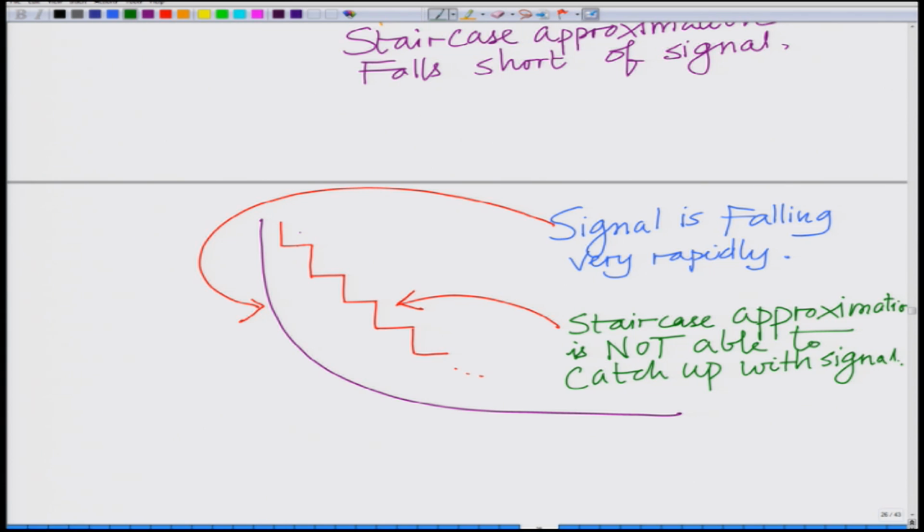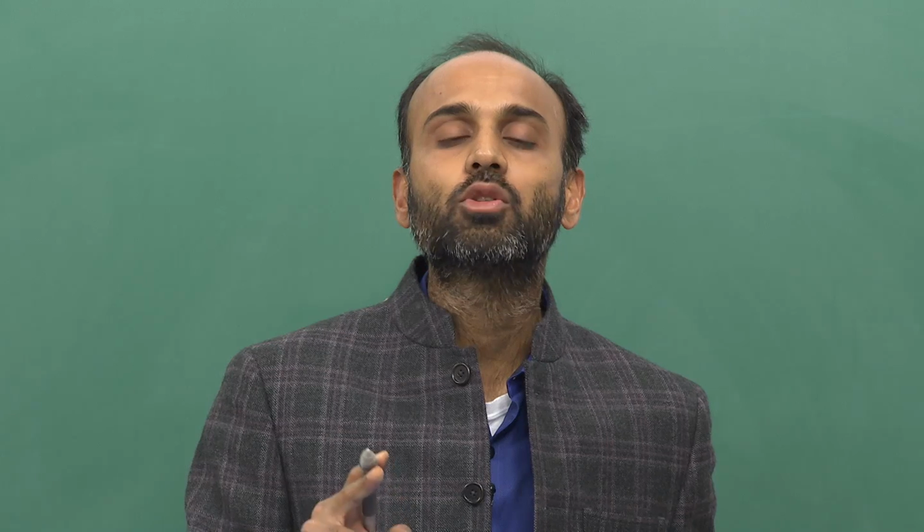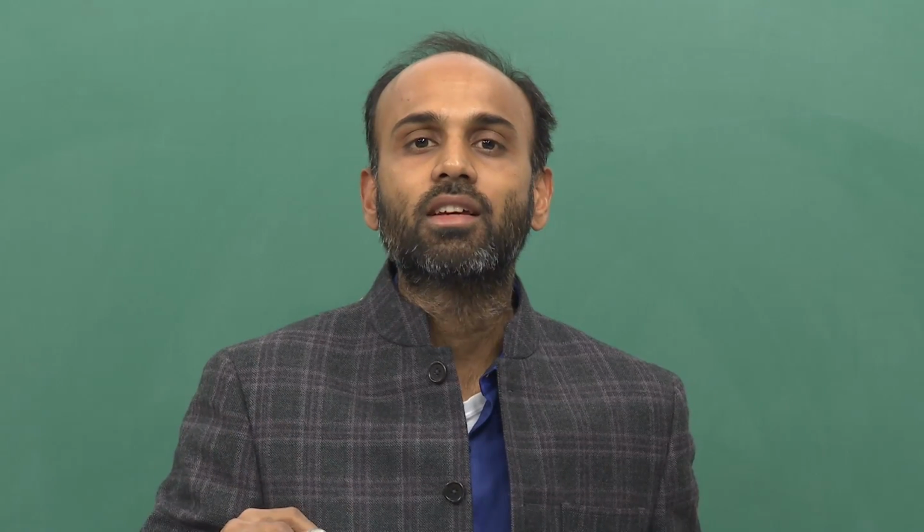In both scenarios, when the signal is rising very rapidly or falling very rapidly, in other words, when the slope of the signal is too high such that the staircase approximation, because of the small or limited delta size, is not able to match the rapid increase or decrease in the signal, that leads to slope overload distortion. That is, there is a very high slope which is overloading your delta modulator.